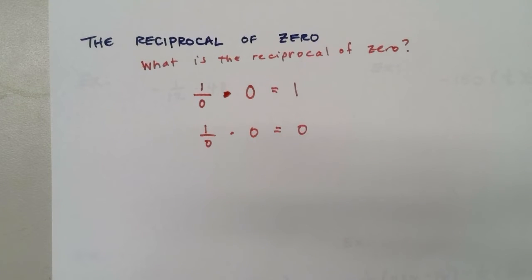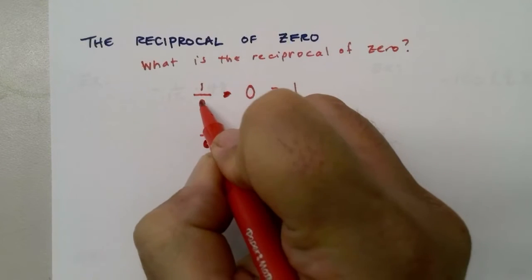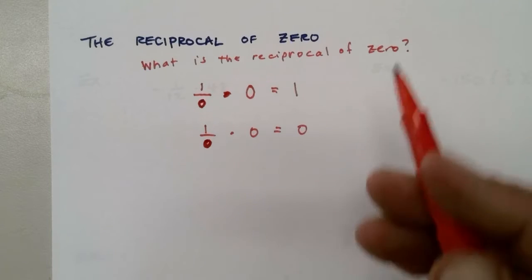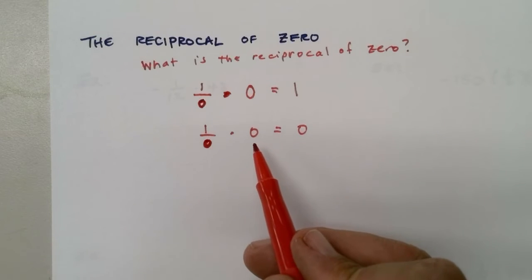And I want you to understand it. This is an inconsistency that mathematicians had a lot of trouble with for a long time. And the answer is, I can't resolve this.